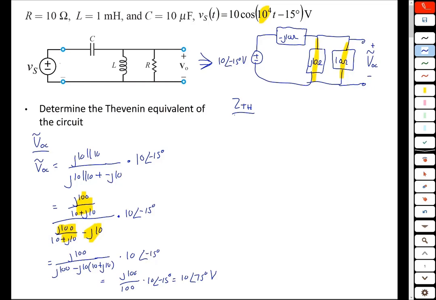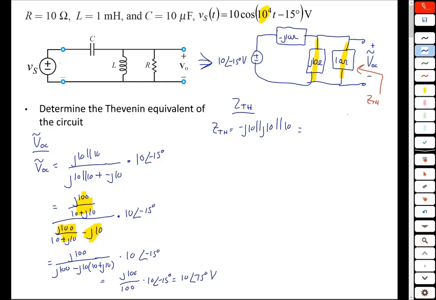We then want to find the Thevenin impedance, Z Thevenin. So that is the Thevenin impedance looking back into these terminals there, with the voltage source shut off. Remember, a voltage source equal to 0 is a short circuit. So Z Thevenin now is what? It's going to be minus j10 in parallel with j10 in parallel with 10.